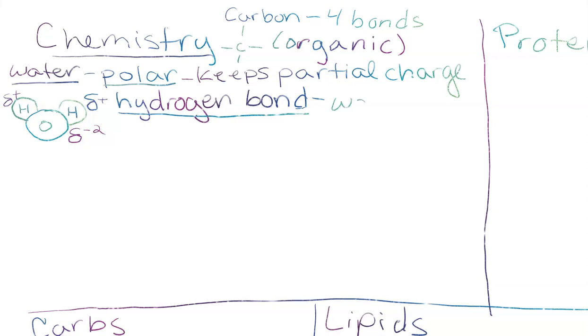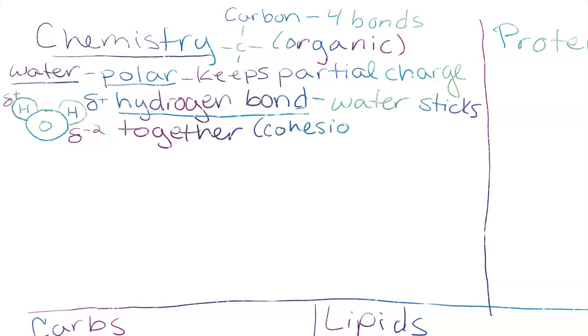This makes water molecules stick together. So when we say water is sticky, that's what we mean. When water sticks together, it's called cohesion. And water also sticks to other charged or polar molecules, and this is called adhesion.